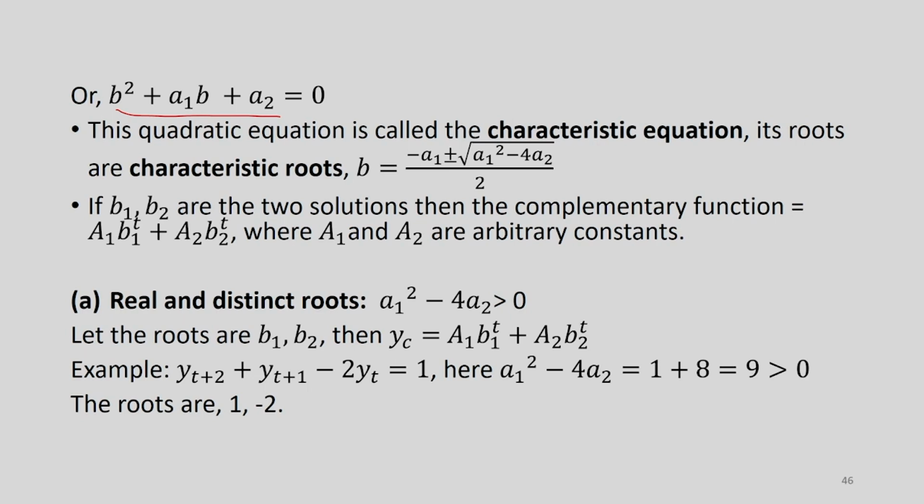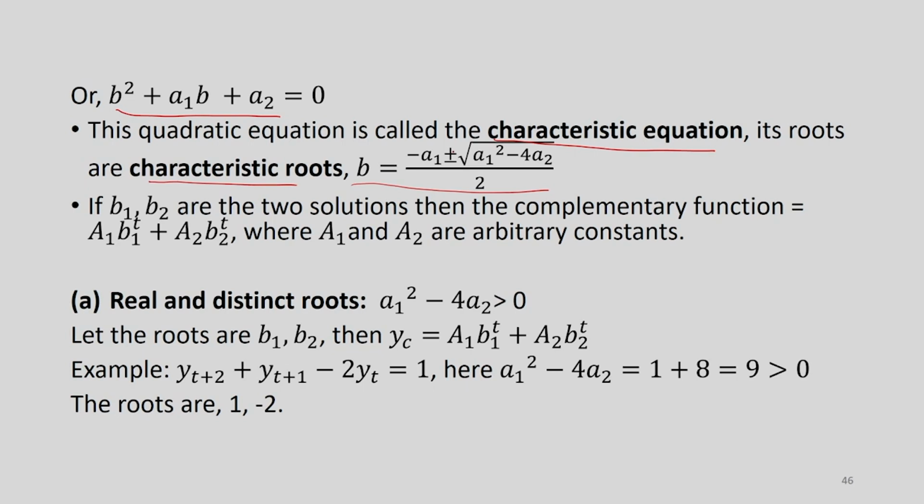This is a quadratic equation in b, and in particular, this is called the characteristic equation, and its roots are called characteristic roots. It is given in this form: minus a1 plus or minus the square root of a1 square minus 4 a2, the whole thing divided by 2. These are two characteristic roots.